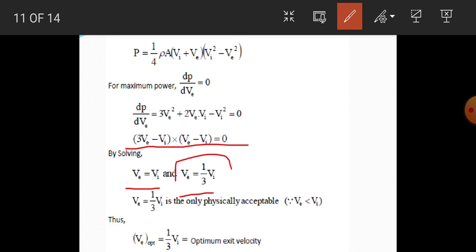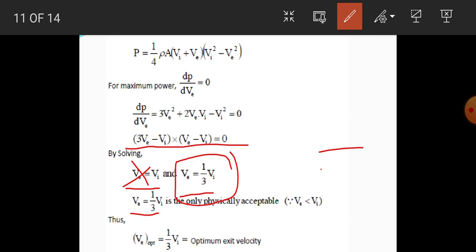The exit velocity cannot be equal to the inlet velocity, so that is not possible. The only practically acceptable solution is that the exit velocity should be 33.33% of the inlet velocity. At this velocity only we can get the optimum maximum power.